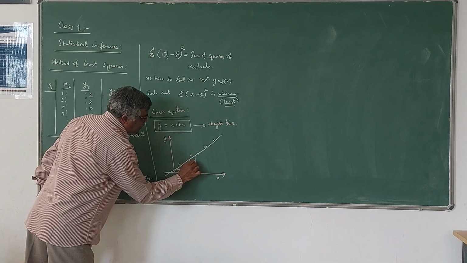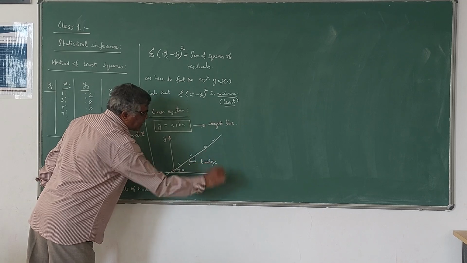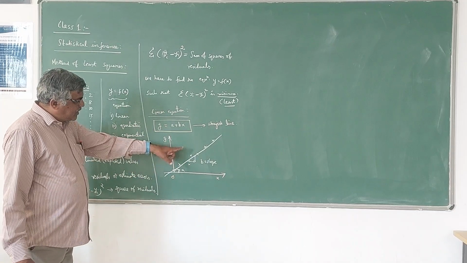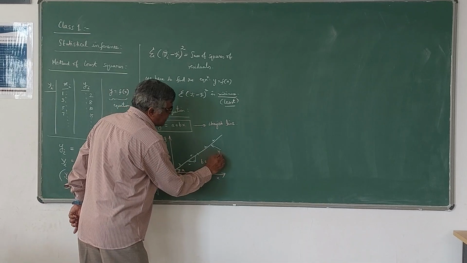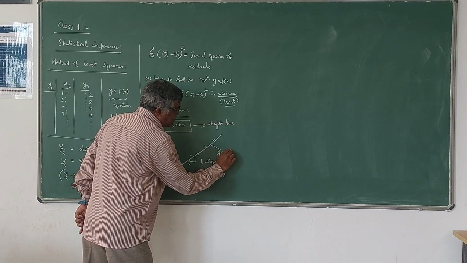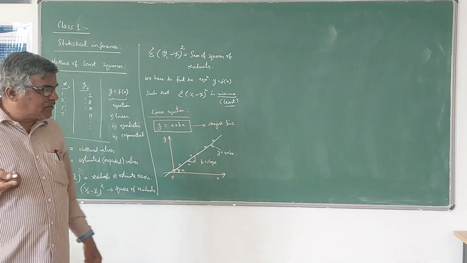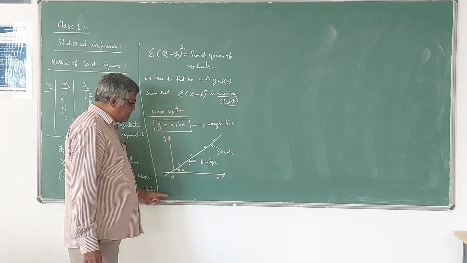So you have studied all these in earlier mathematics. So if this is the straight line, the equation of this line is y is equal to a plus bx. So in mathematics, you have learned in earlier classes that y is equal to mx plus c, where m is the slope and c is the y-intercept.